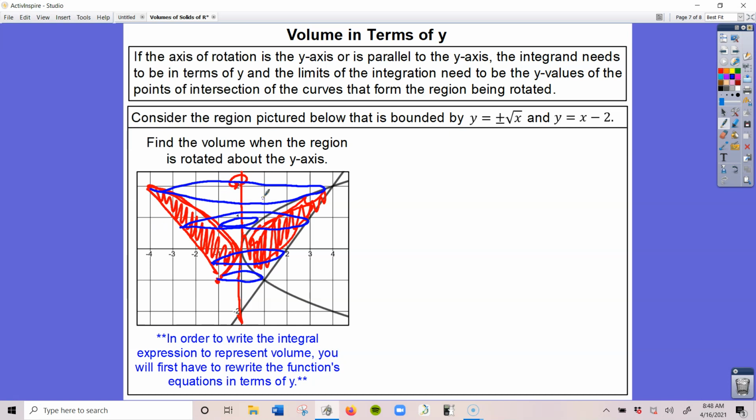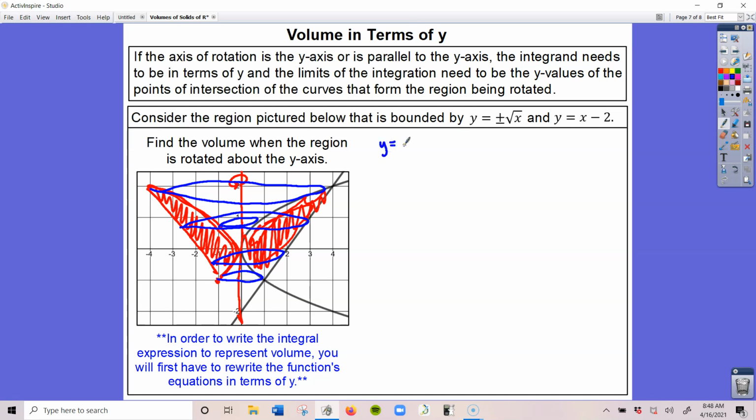So when we are rewriting everything, and we're not going to really do much work and you'll see why, everything in the integral has to be in terms of y. So we have to take these functions here and solve for x instead of y.